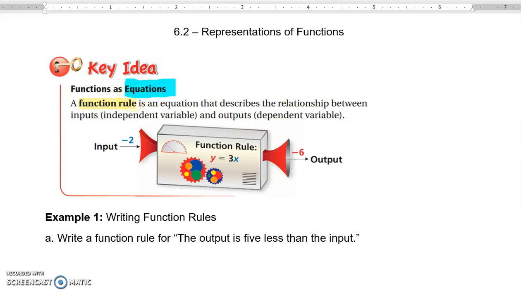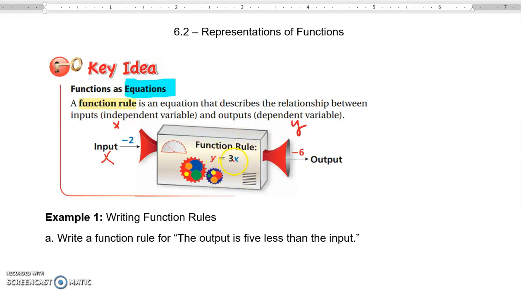So a function rule is an equation that describes the relationship between inputs, which are known as your independent variable or your x, and outputs, which are your dependent variables or your y's. We like to think of this function machine. Whatever you input to the function, remember inputs are x, it goes through the function rule.